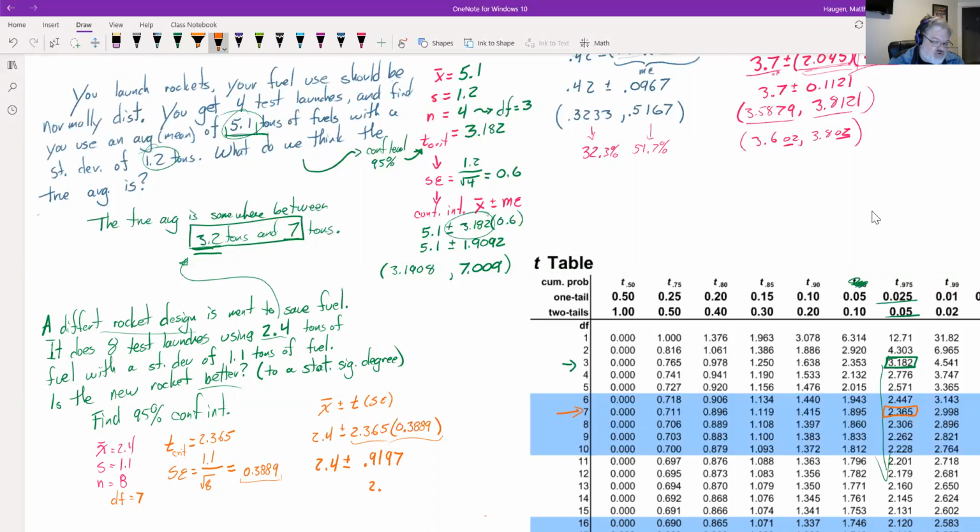This is going to be tight. That's an upper of 3.3197, and a low of 1.4803. Yep.